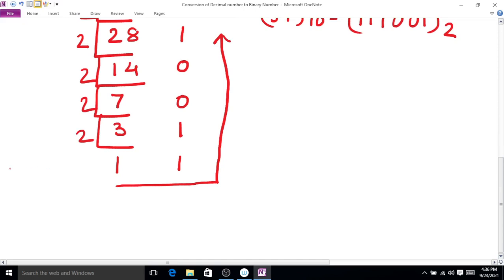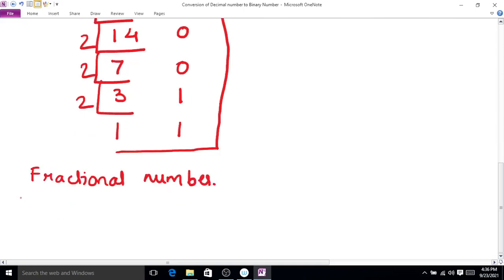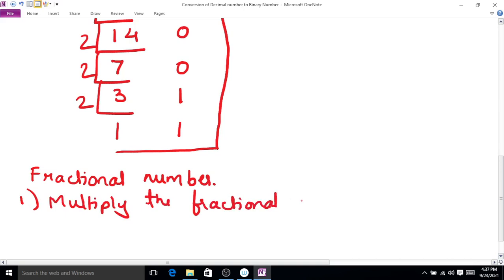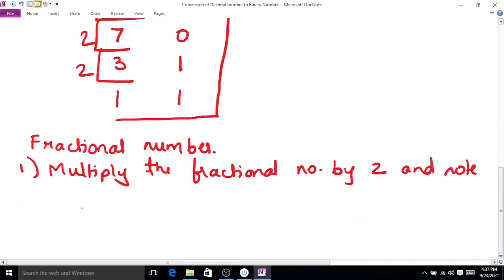Now we will see how to convert a fractional part of a given decimal number into binary number. So again we have three steps over here. So first step is multiply the fractional number by 2 and note down the carry.